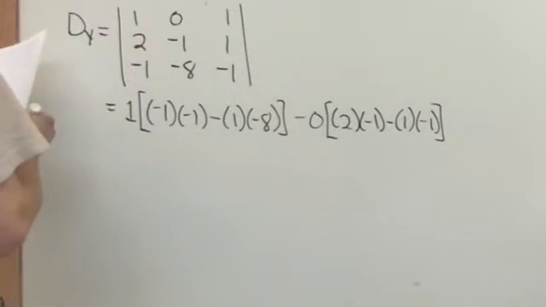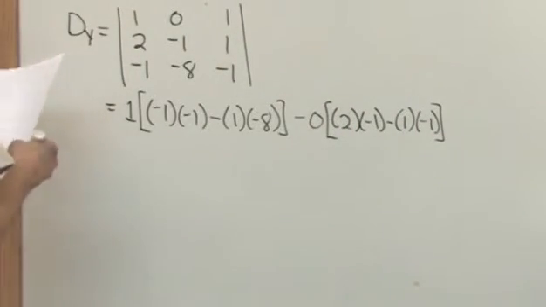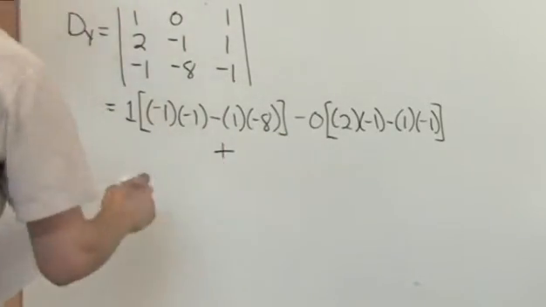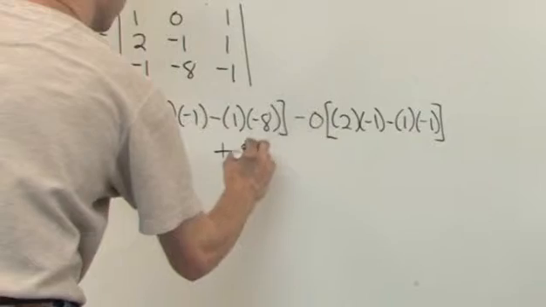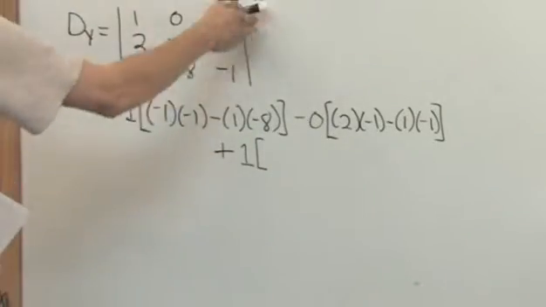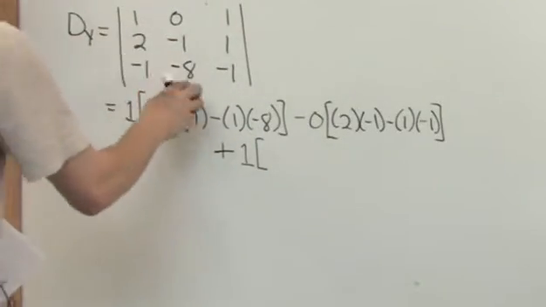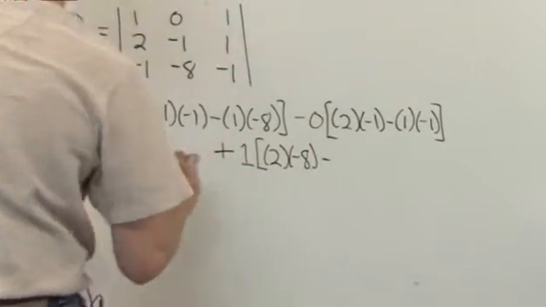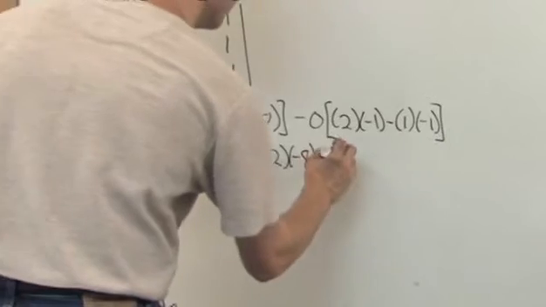Okay? Like that. But in the end, it's really not going to matter at all because I have a 0 out in front. And you add to that this 1 here. You're going to mark through this and this. The only thing you have left is this. So 2 times negative 8 minus negative 1 times negative 1.